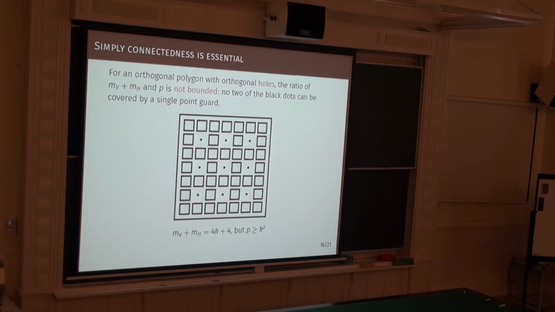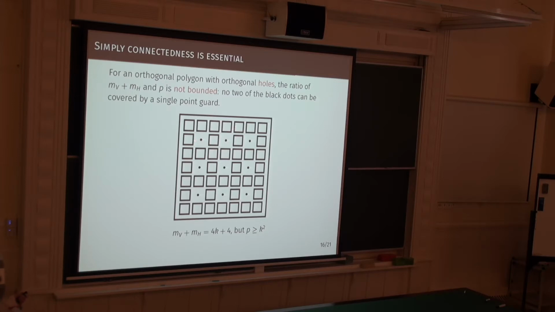So I'd like to point out that simpleness of the orthogonal polygon, or simply connectedness of the art gallery, is essential. As you can see, we have k squared, where k is equal to 3, black dots, and no 2 of them can be covered by 1 point guard.